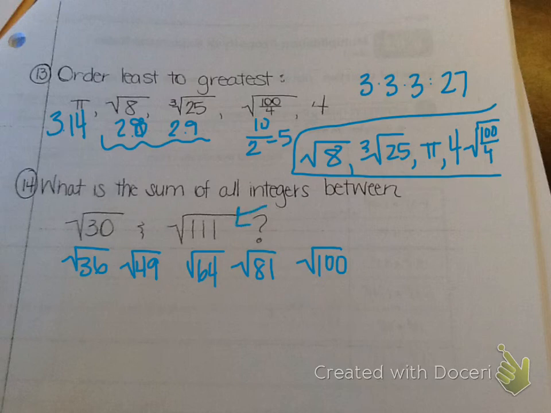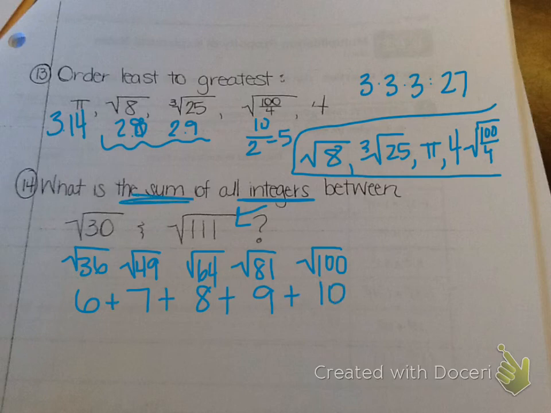It would be above that. So the integers between those two numbers are 6, 7, 8, 9, and 10. And we're going to add those together because it says the sum of all of them. And I get 19 plus 8 is 27, plus 7 is 34, plus 6 is 40.